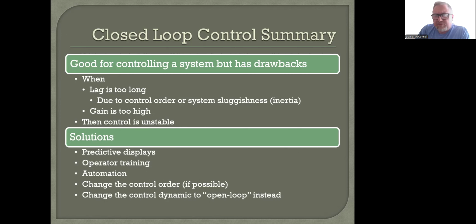But, I mentioned a few things in previous notes before, right? What about a predictive display, right? So a predictive display is one that helps the operator predict the future state of the system before the system gets there, right?